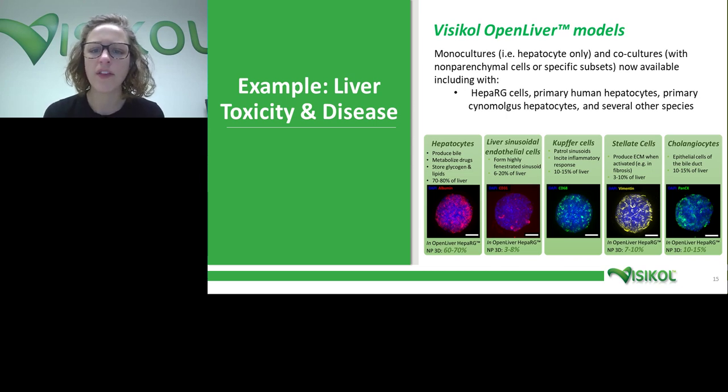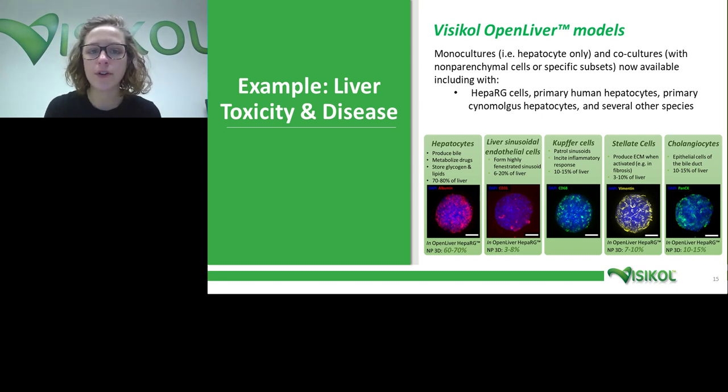And then there are some other supporting cell subtypes. Here I'm highlighting cholangiocytes. These form bile duct structures that help transport bile throughout the liver and out of the liver. And there are a number of other cells that we haven't talked about here that are derived from this non-parenchymal population.